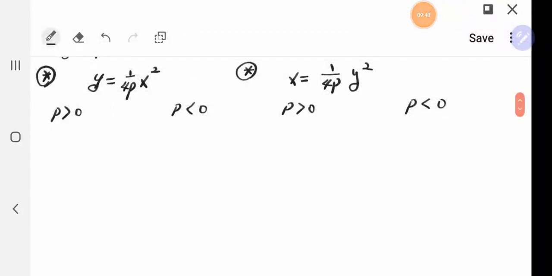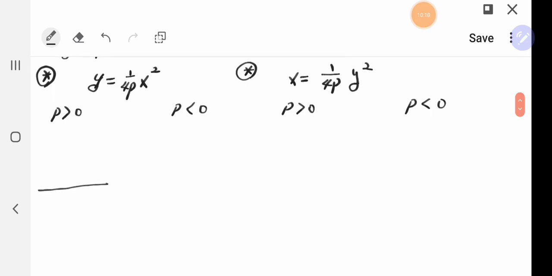Okay, let's consider two different parabolas. The first one is y equals x squared form. Y equals x squared form is the one that we know. The parabola opens upward or downward. So if the leading coefficient is positive, then it opens upward. So that means p is positive.